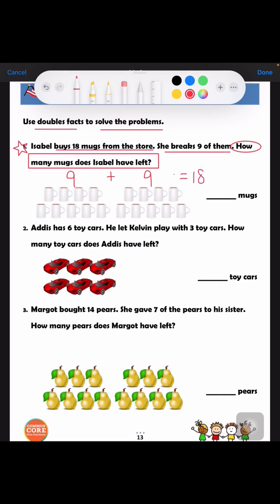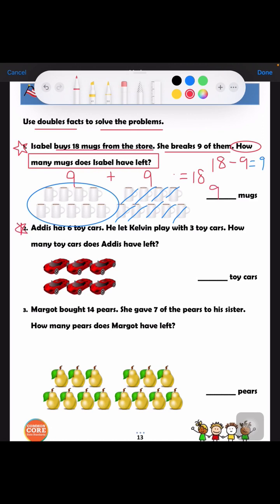So this is a double fact. Isabel has 18 mugs at the beginning and she breaks 9 of them. That means half of it. So let's cross out 9 mugs. Now, how many mugs does Isabel have left? Yes, half of it, which is 9. 18 minus 9 equals 9.